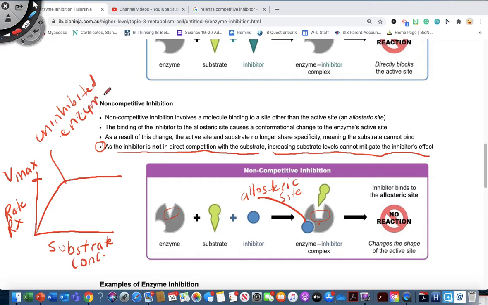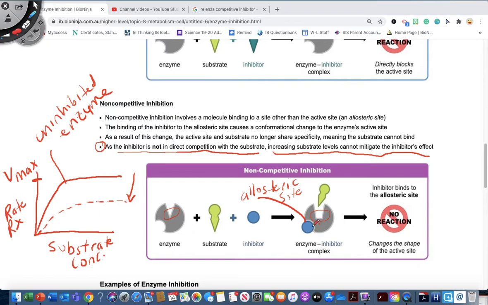But if I add a non-competitive inhibitor, right, since the non-competitive inhibitor is not directly in competition with the substrate, even if I keep adding more and more substrate, that is not going to mitigate the effect of the inhibitor. So that means that even if I add more substrate, my Vmax is going to be lowered, or the rate of my reaction is going to be lowered, okay?